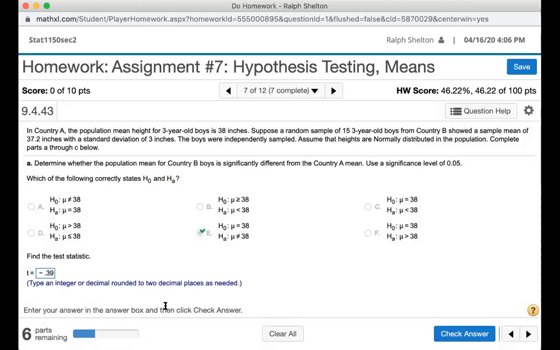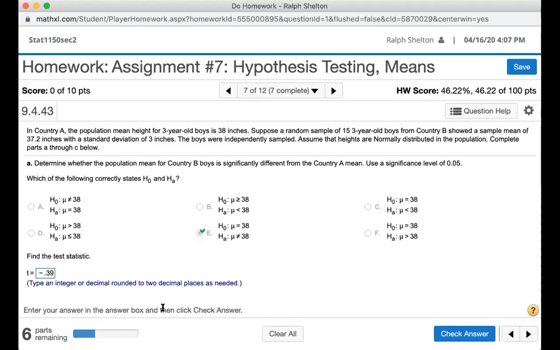Okay, so I need to redo this calculation here. We got 37.2 minus 38. So that's negative 0.8, right? Negative 0.8 divided by the standard error, 0.7746. Oh yeah, that t I got doesn't look right for some reason.